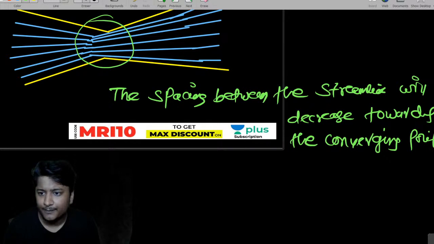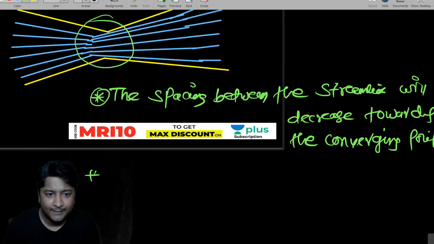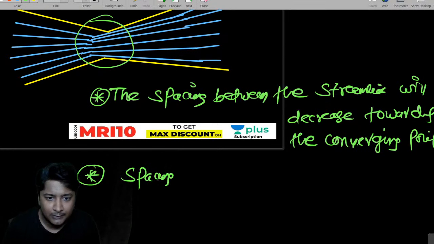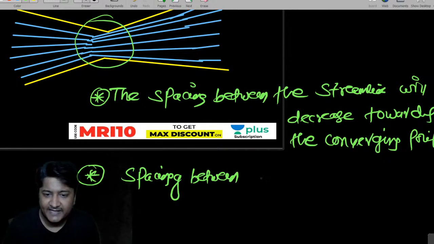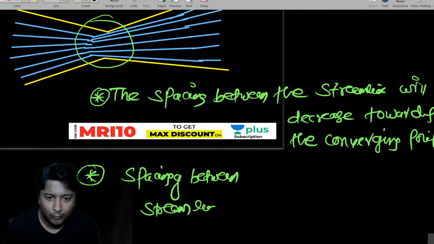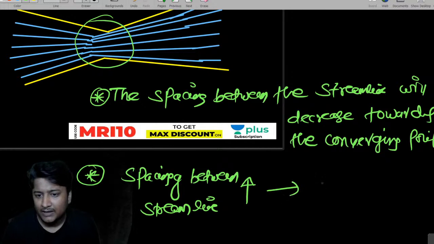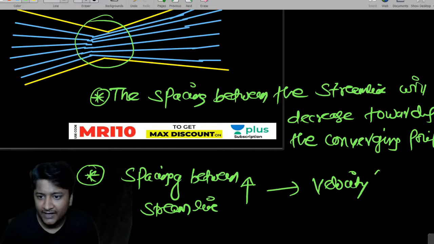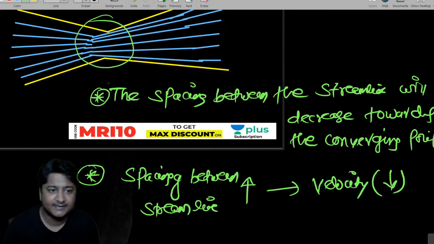Okay, the first point is done. Second point: the spacing between the streamlines increases when velocity decreases.